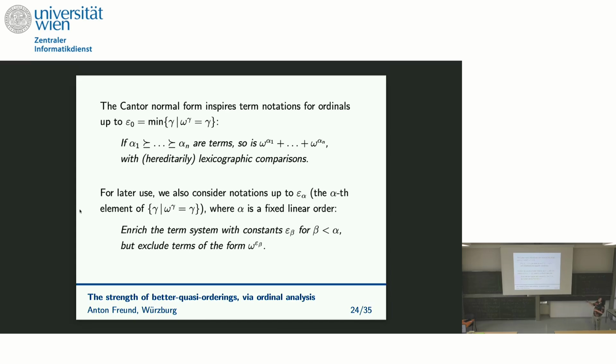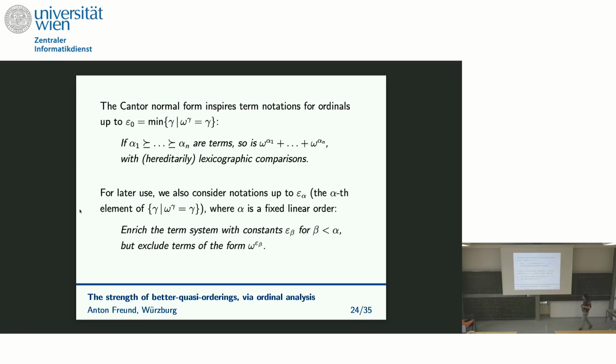And then it turns out that if you consider exponentiation to the base omega, this operation has a fixed point, and the minimal such fixed point is called epsilon 0. And then what you may have also seen is Cantor's normal form theorem, that any ordinal can be written in this form here as a sum of exponentials with weakly decreasing coefficients.